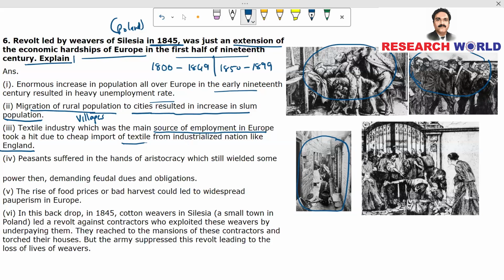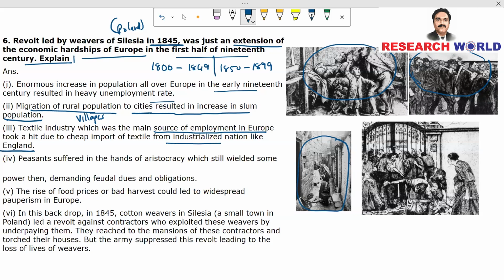And that led to loss of employment for weavers because those countries were not industrialized. Therefore, the textiles produced in those countries were expensive compared to the goods coming from England, which were cheap. Why? Because England was already industrialized and mechanized.